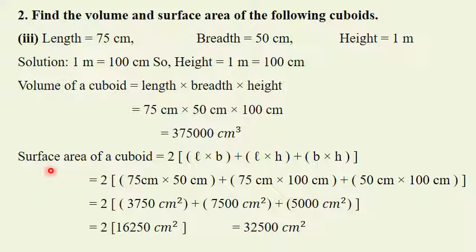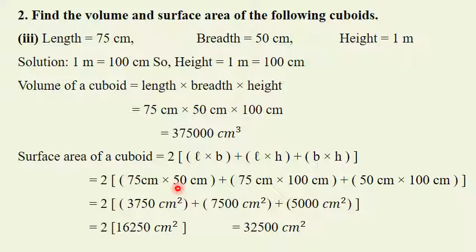Now we are going to find the surface area of the cuboid, as we have discussed earlier the formula. So I am writing here 2 into (L into B, length into breadth, plus L into H, length into height, plus B into H, breadth into height).